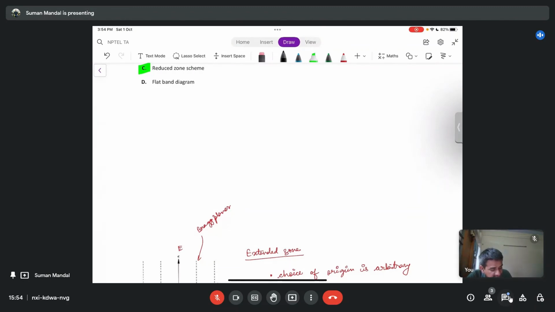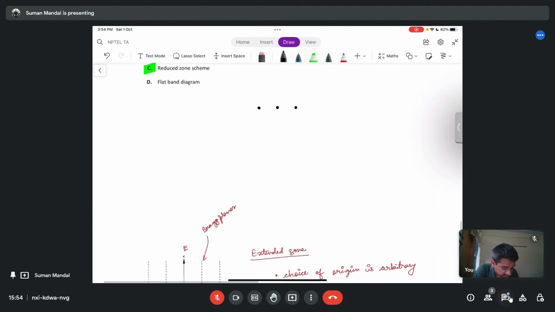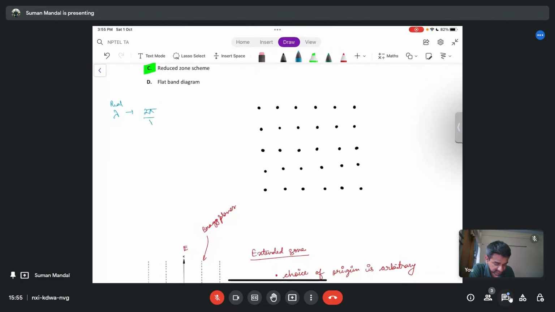So let's say we have the same square lattice that we had considered earlier. So we know that if the wavelength is lambda in real space, it becomes 2 pi by lambda in reciprocal space, and we call this the magnitude of the wave vector.